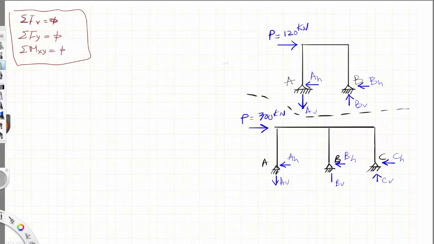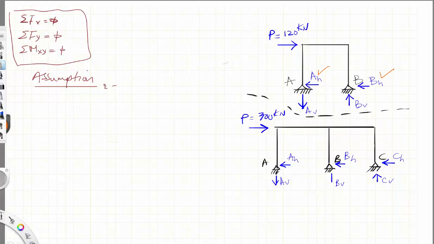So we need to make an assumption, and actually this is from experiments. The first assumption to help us solve this problem is that the sum of all horizontal exterior reactions are equal, meaning that BH and AH are equal.